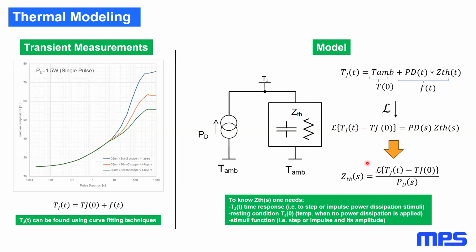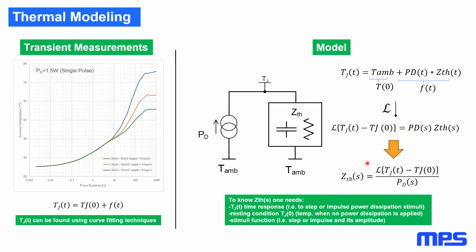So the Laplace transform of the junction temperature expression can be found, and this equals the product of power dissipation and thermal impedances in the Laplace domain. Particular care must be taken for the Laplace transform of the power dissipation stimulus.